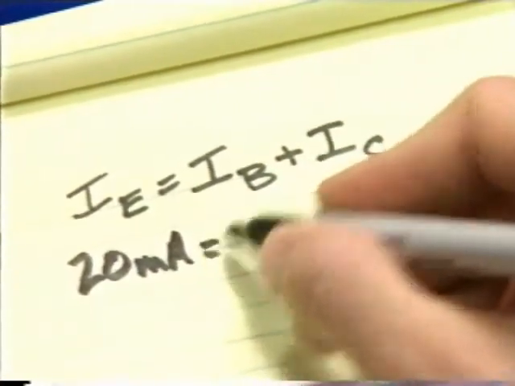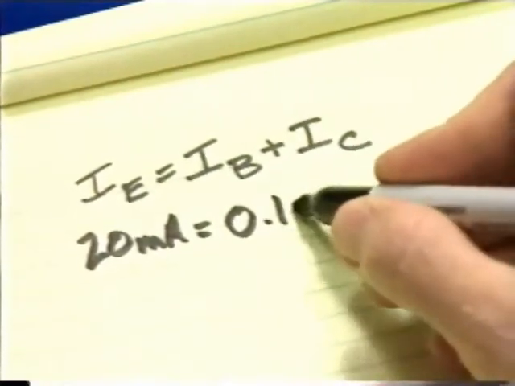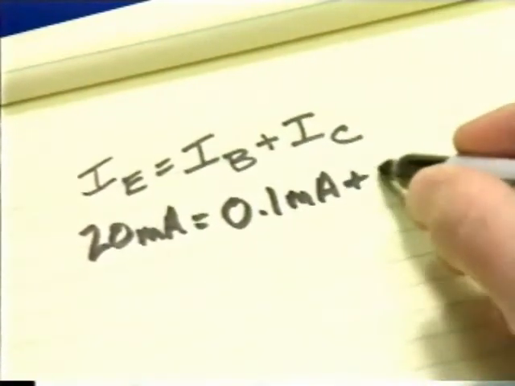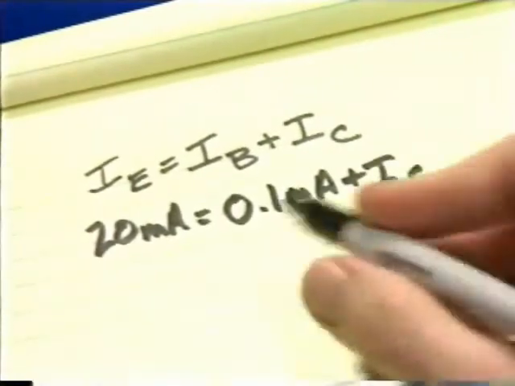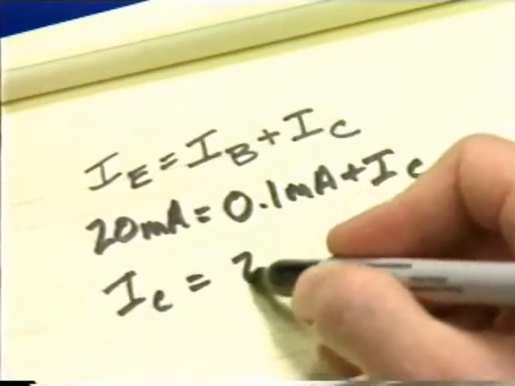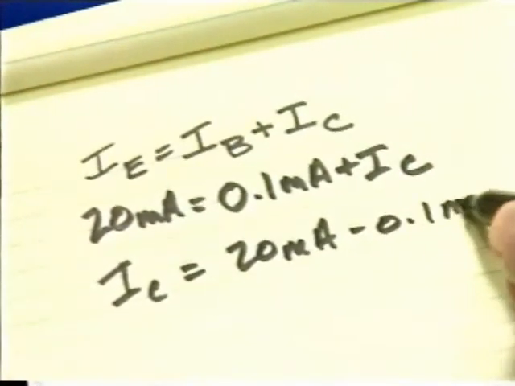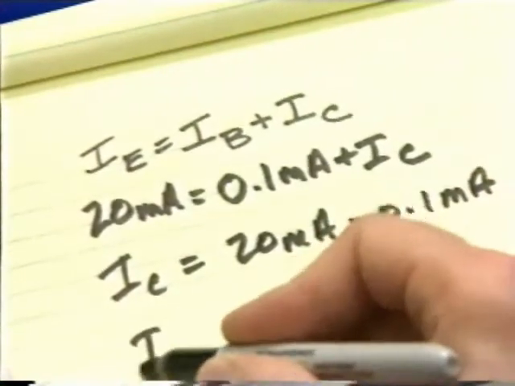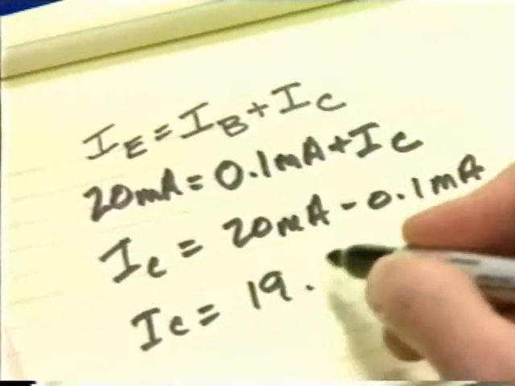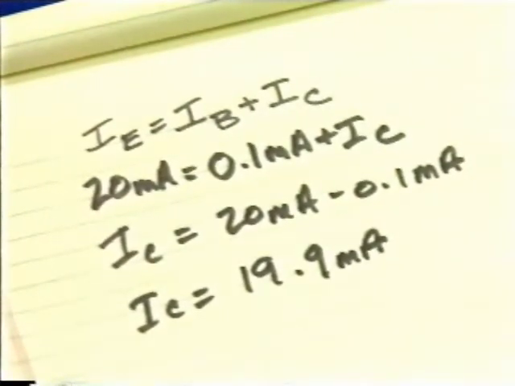For example, if you know that the emitter current is 20 milliamps and the base current is 100 microamps or 0.1 milliamps, you can easily calculate that the collector current is 19.9 milliamps. This level of collector current represents 97.5% of the total emitter current.